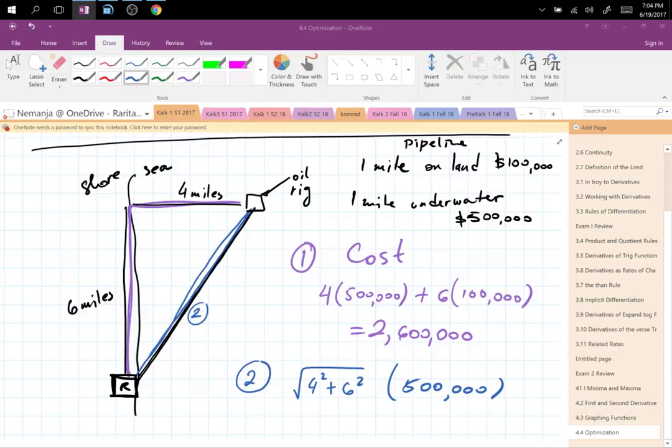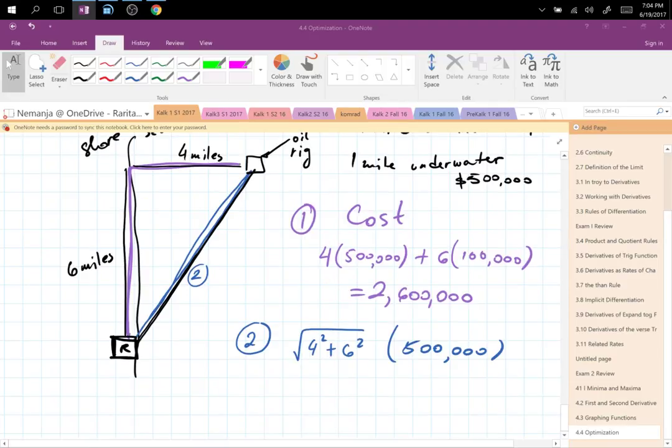So now we have 16 plus 36 is 52, square root of 52 times $500,000. $3,605,551.28, please. Very important on the 3.6 million, those 28 cents.